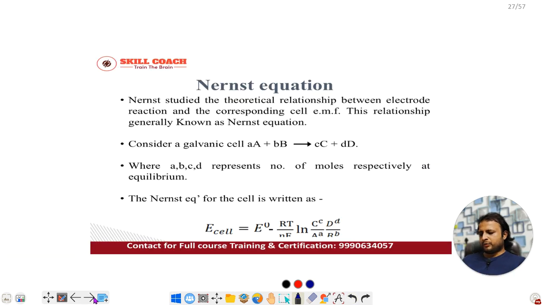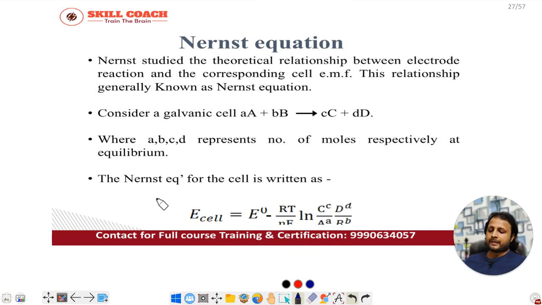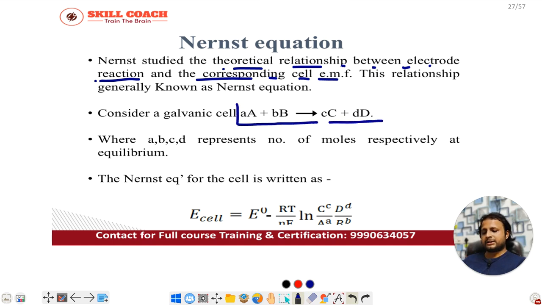Now let's move ahead and try to understand the Nernst equation. This one is also very important. Nernst studied the theoretical relationship between electrode reaction and the corresponding cell EMF. For the reaction aA plus bB is equal to cC plus dD, normally if you remember how we find the concentration of any solution, we write the product divided by reactants.